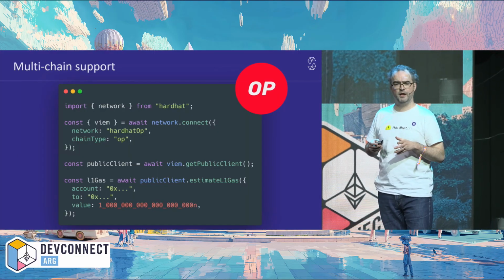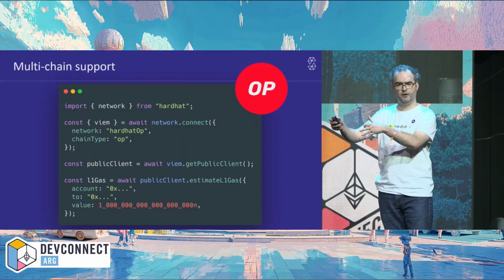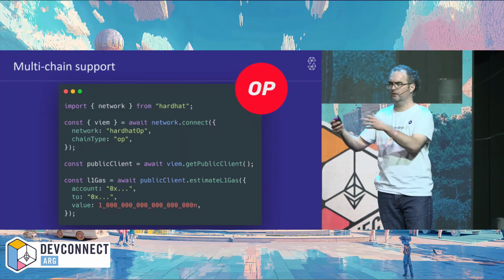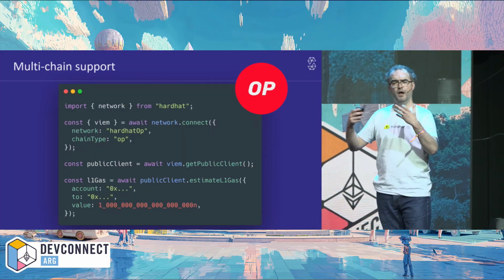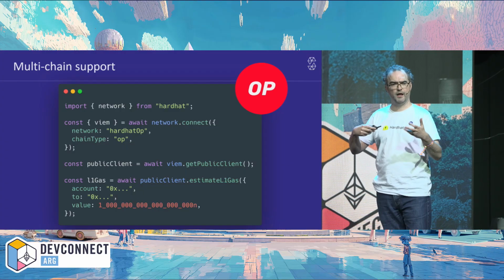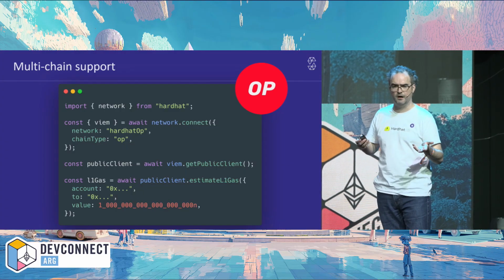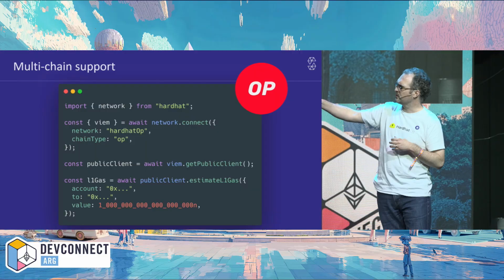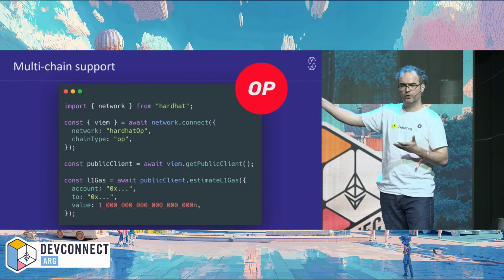So it may be saying point at a node running on Alchemy or Infura, or it might be saying run an in-memory simulation using EDR. But we also have the concept of chain type, in this case OP for Optimism.